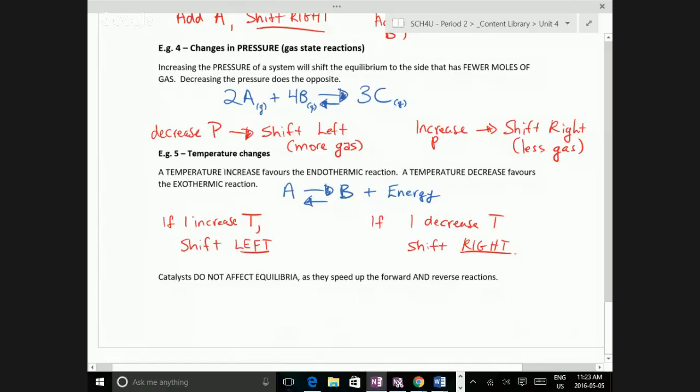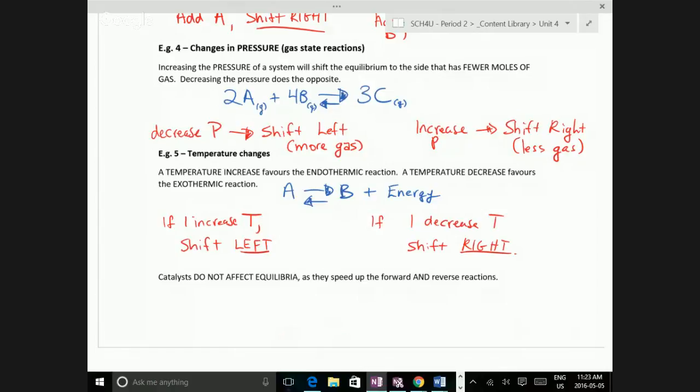And again, all these shifts are temporary, because the reaction changing rates is temporary, since it will eventually reestablish equilibrium. The last thing I want to mention is that catalysts don't affect equilibrium because yes, they speed a reaction up, but the catalyst speeds both of them up.